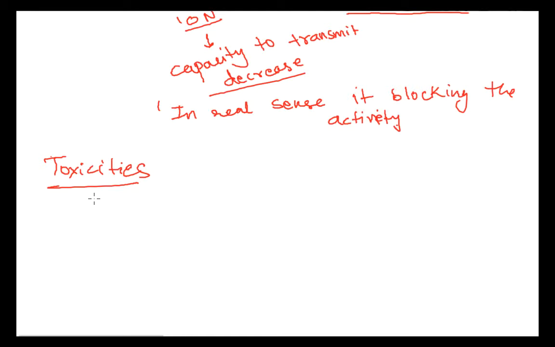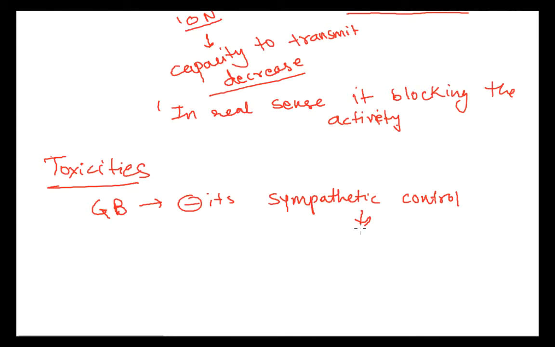Because ganglionic blockers inhibit sympathetic control, this leads to postural hypotension.